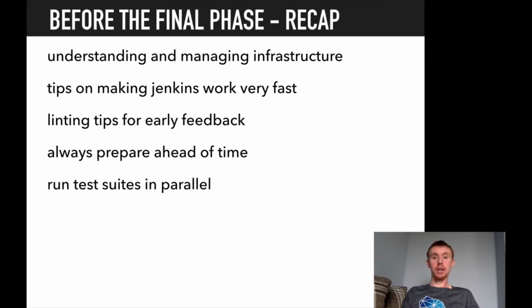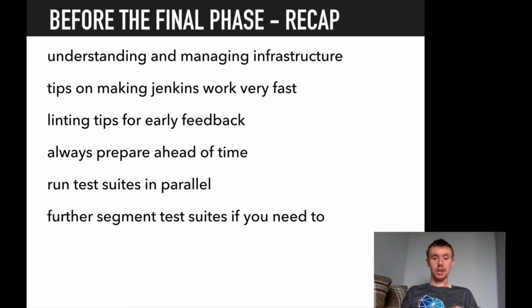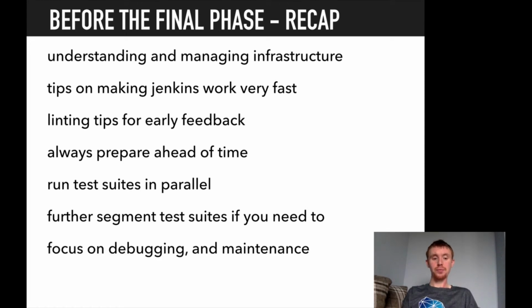Running your test suites in parallel will cut down a significant amount of time, but when you have test suites that are still slow, and you cannot parallelize them, then you can use segmentation to break them down into smaller pieces and run them in isolation, and you can start to break down test suites much easier, and therefore you can also refactor them in smaller pieces.